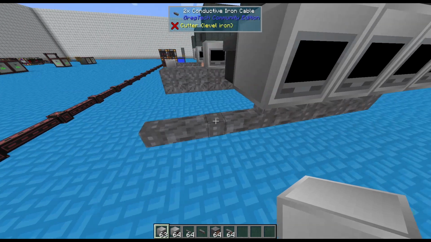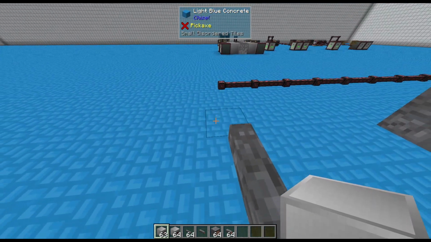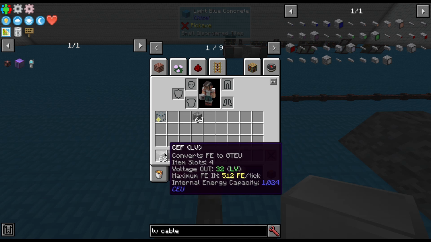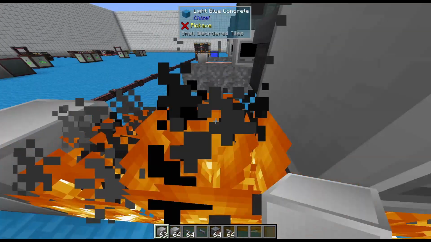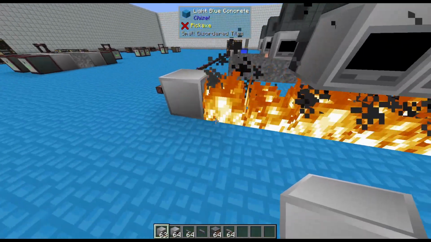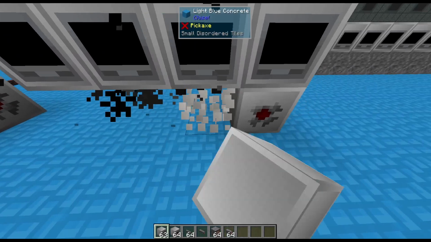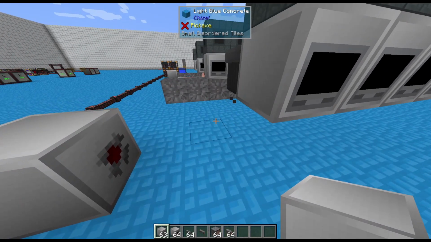Because if you do, this can also happen. Let me show you. I'm putting a 4-slot CEF here. Bam! The whole cable is gone, and we have a bunch of fire in our base, which is not preferable, right?